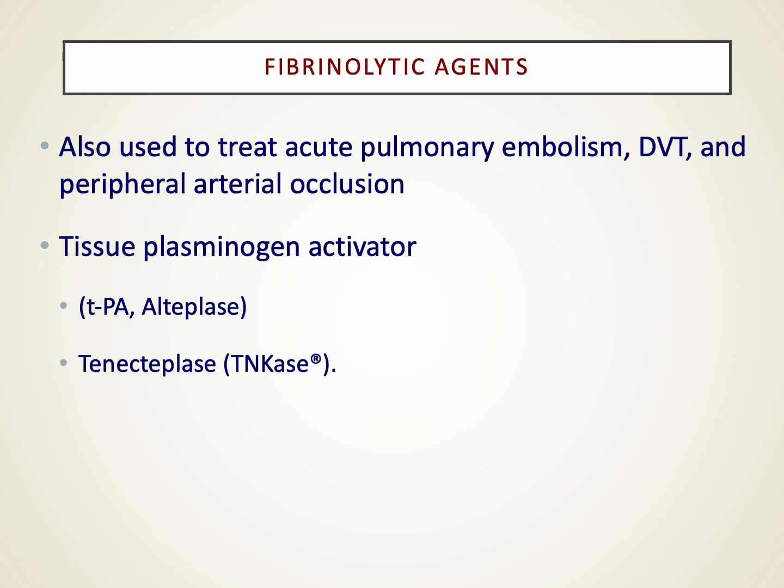Really the only agent we see used in clinical practice in this day and age is either alteplase, known as TPA, or a version of alteplase, which is tenecteplase. And really that's the only one that's on the market in the U.S. now. And we'll use them also to treat other thromboembolic events like a pulmonary embolism or DVT or a peripheral artery occlusion.